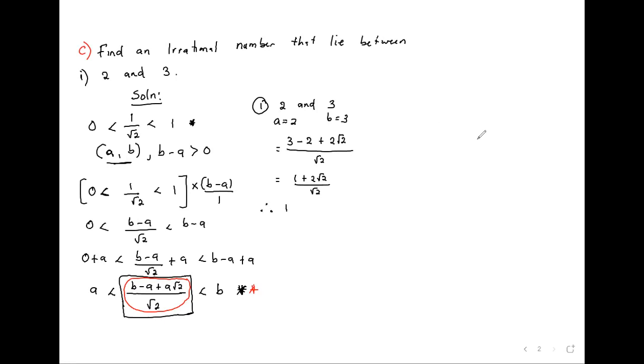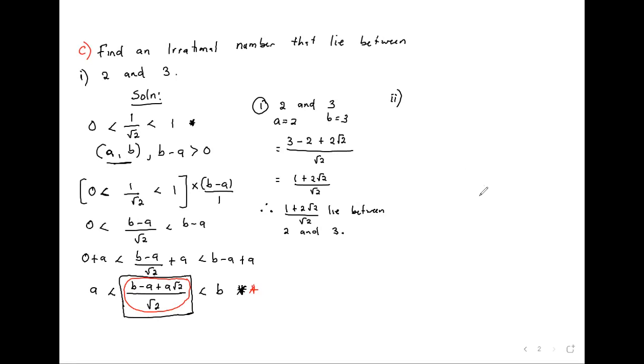So 1 plus 2 root 2 over root 2 lies between 2 and 3. It is irrational and it lies in between there.